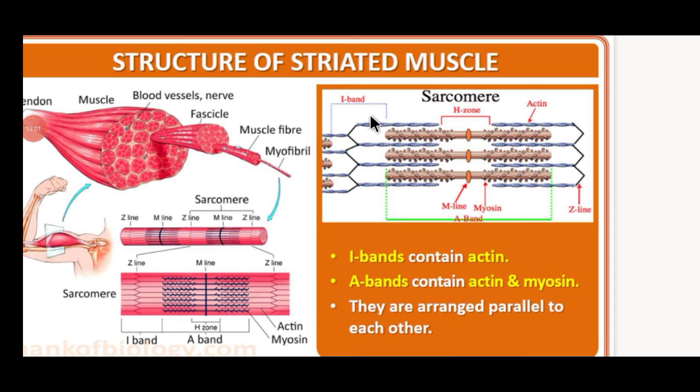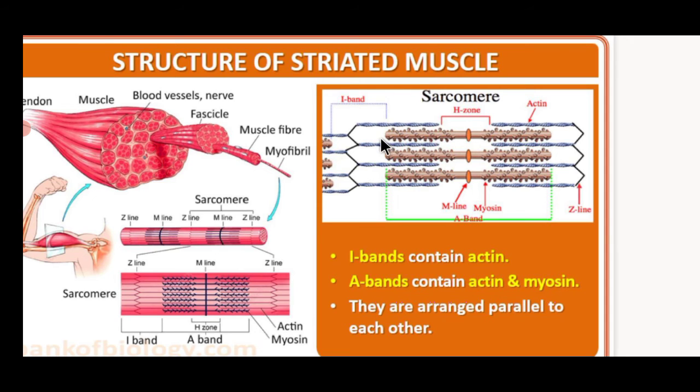Here is one more diagram showing all this in more detail. This is the I band. The I band contains actin. In the I band area, these blue filaments are actin filaments. This whole region is the A band, which contains myosin as well as some part of actin.